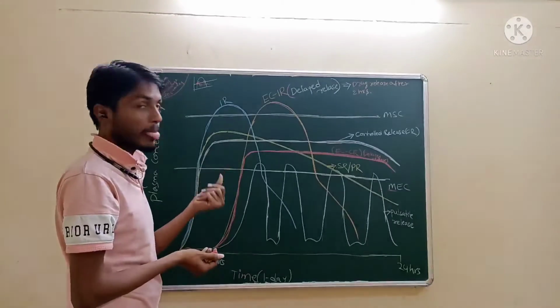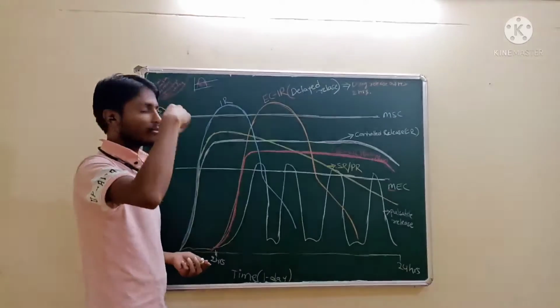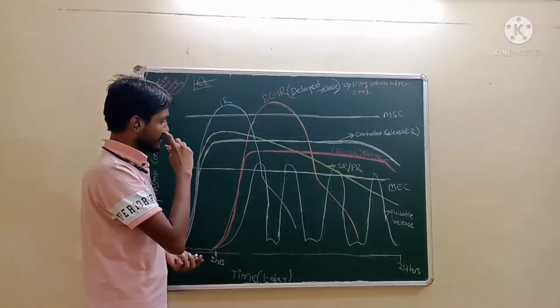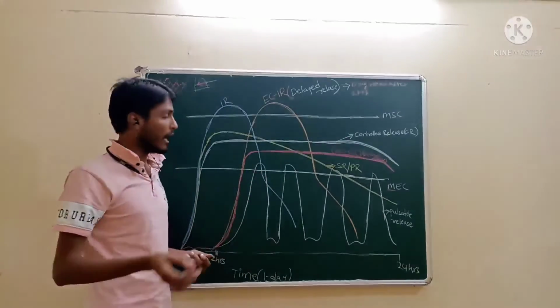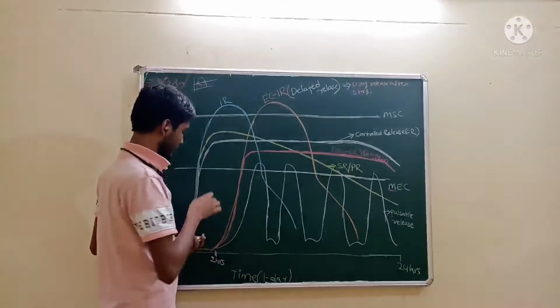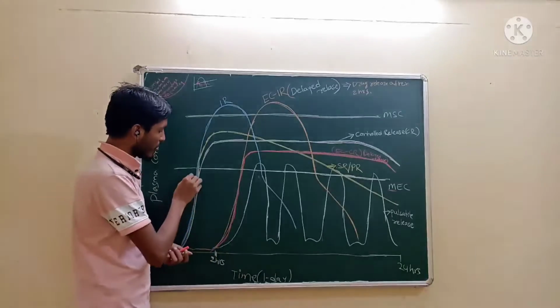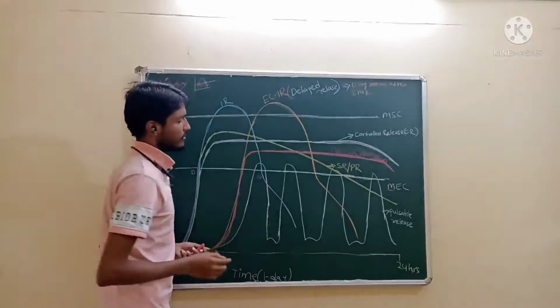And dose: when I have taken the tablet now here, it shows the duration of action up to this, for the immediate release tablet. Again I need to take another tablet. First tablet I have taken, second tablet I have taken here.